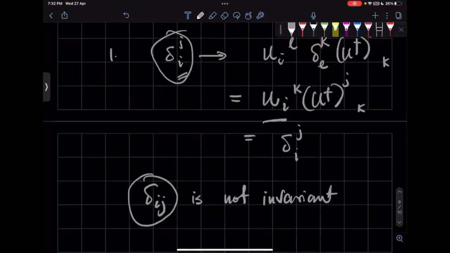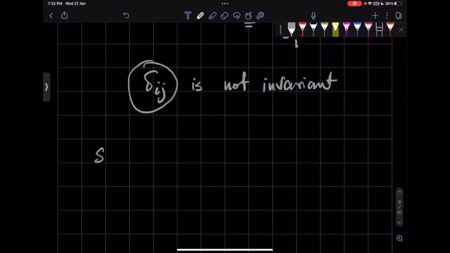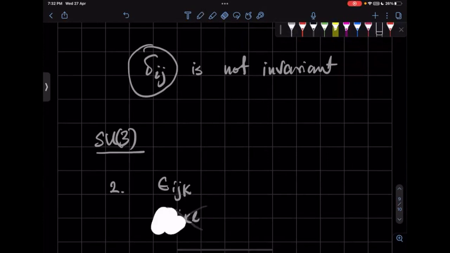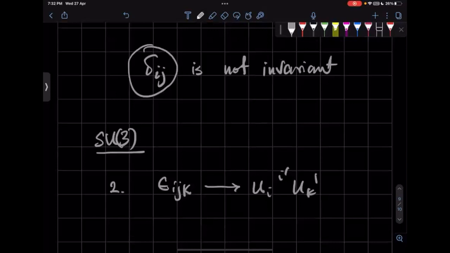Okay, so now suppose our group was SU(3). So for SU(3), this is an invariant tensor, epsilon ijk. If you had SU(4), it'd be epsilon ijkl. How so? Let's see. Under a transformation, we will get U_{i i'}, U_{j j'}, U_{k k'}, epsilon i'j'k'.